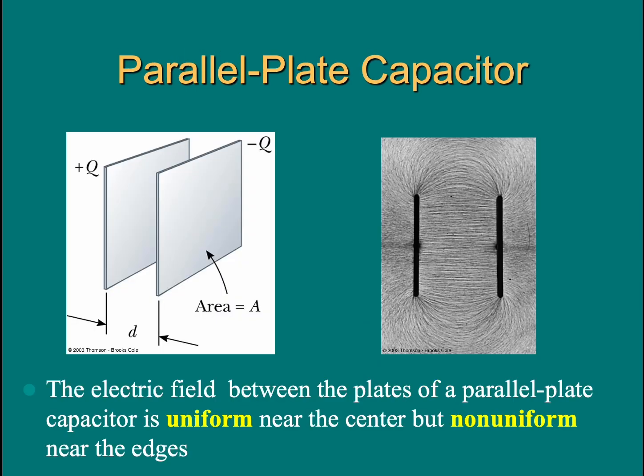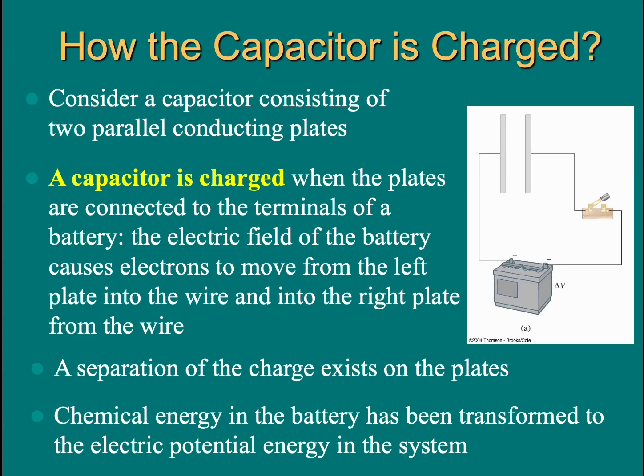Let's study parallel plate capacitor. When two equal area metal plates are separated by a distance d, it becomes a parallel plate capacitor. It will produce a uniform field between the two plates. We can charge the parallel plate capacitor by connecting the two plates to the positive and the negative end of a battery.